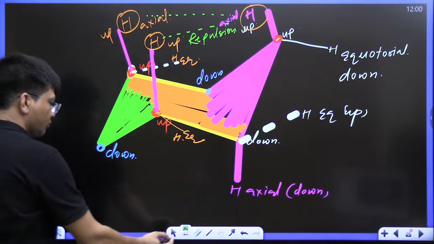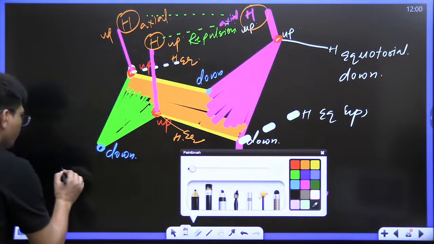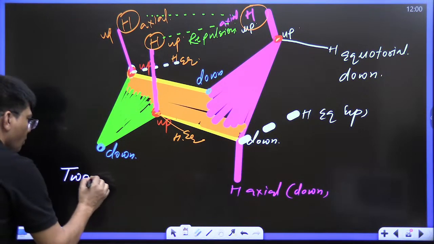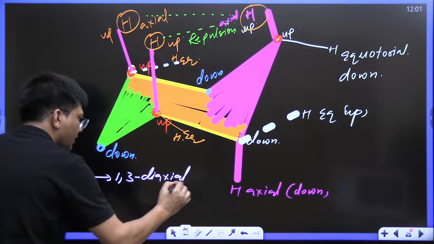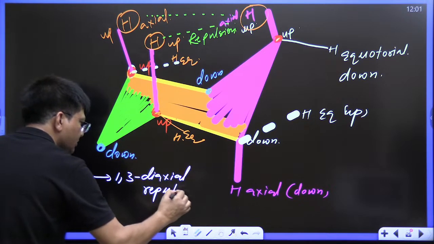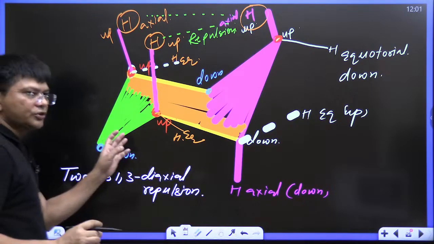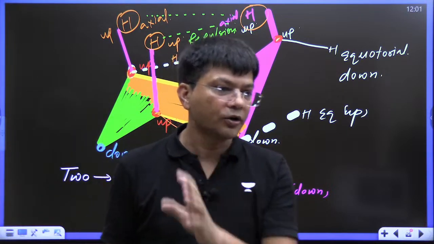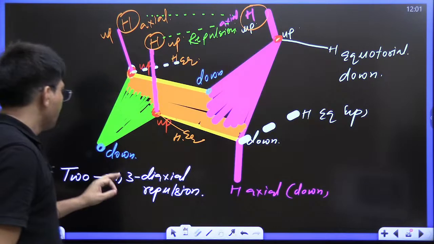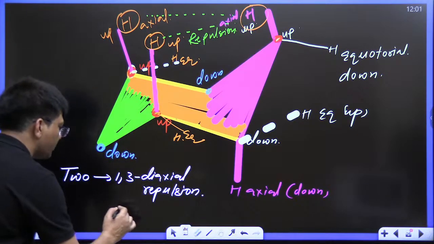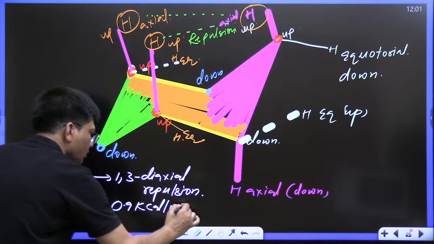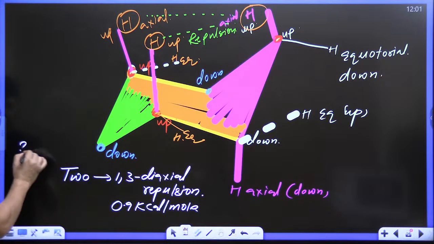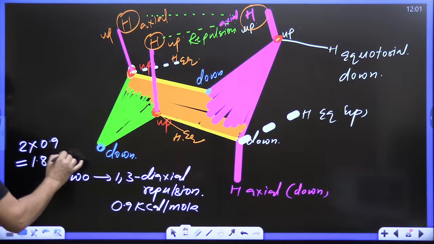There are total 2 of these 1,3 diaxial repulsions. I will tell you the short form of it later, but right now try to understand. 1,3 diaxial repulsion gives 0.9 kilocalorie per mole. So there are 2, so 2 into 0.9 is 1.8 kilocalorie per mole.